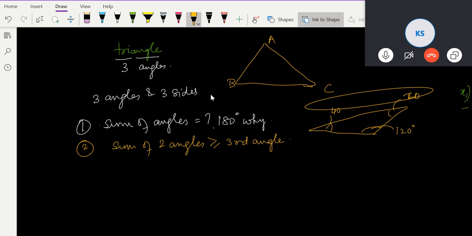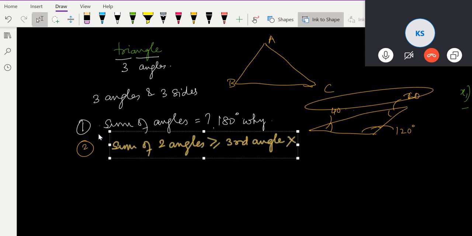No. If those two were 60 degrees, then they would be greater than the third, but then the three angles wouldn't add up to 180, which we've already proven to be true. So the sum of any two angles is not always greater than or equal to the third. This is not true.